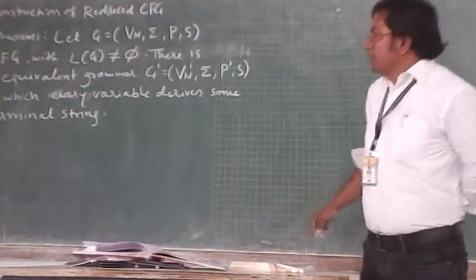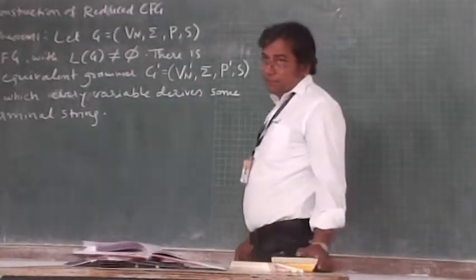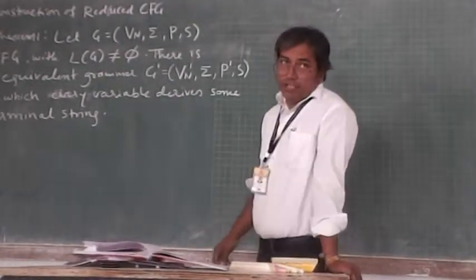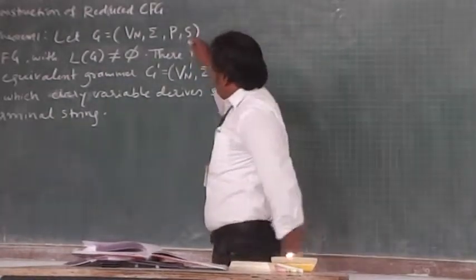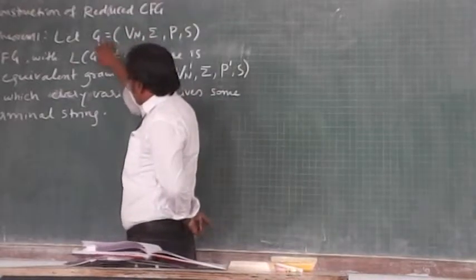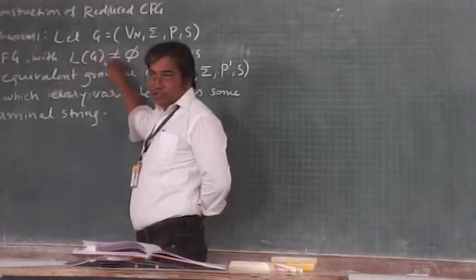Let's see what this theorem says. There is a grammar G, and for a grammar G we can have an equivalent grammar G dash. The property possessed by this grammar G is that the language generated by grammar G should not be null.